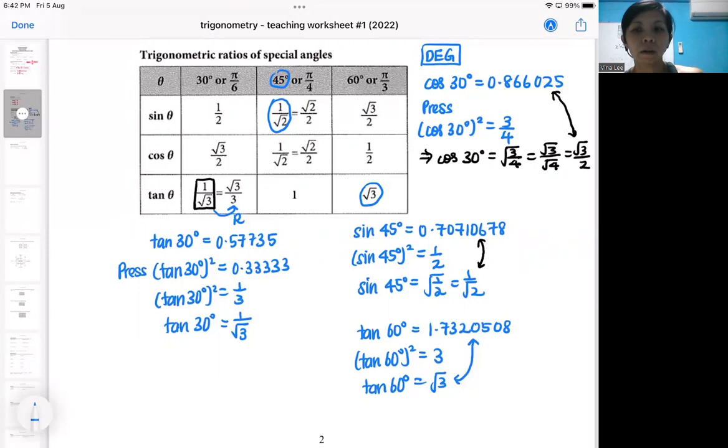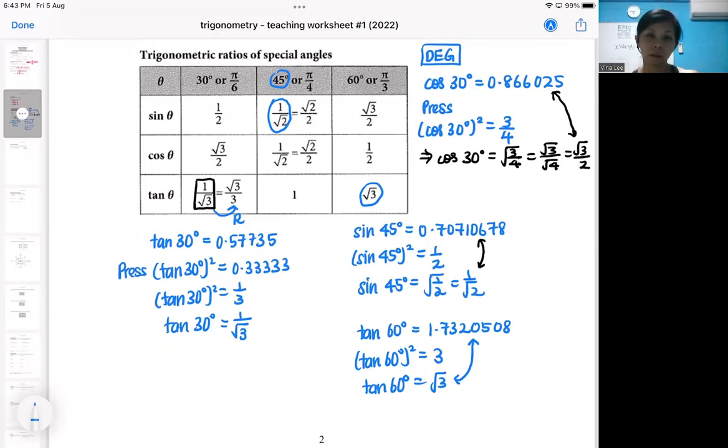So your teacher might have shown you another method using a triangle method to memorize this. But I think it's faster if you just use your calculator. So as long as you go and square it, it will give you a nicer number for you to manually take a square root. So you cannot take your calculator answer after you press the square, you got to manually do it up.